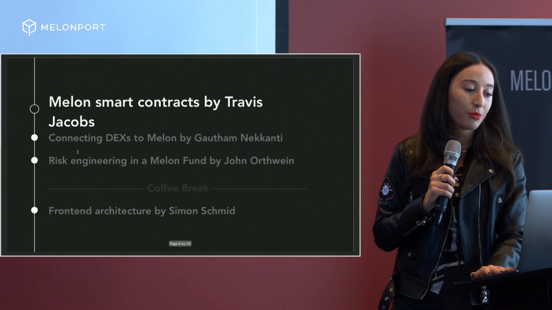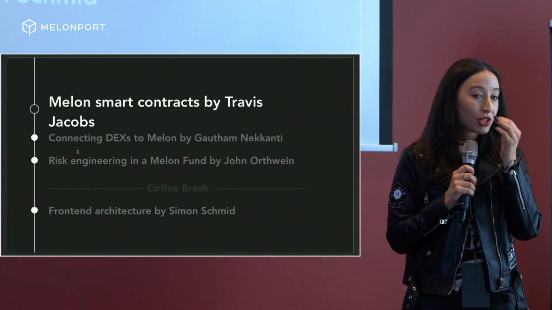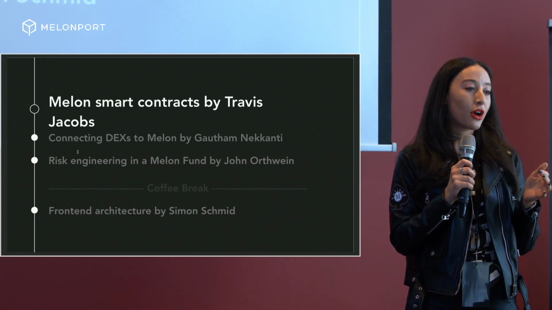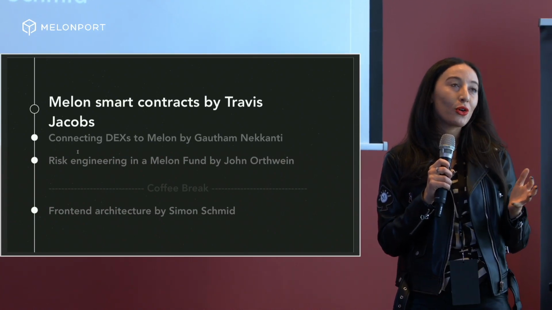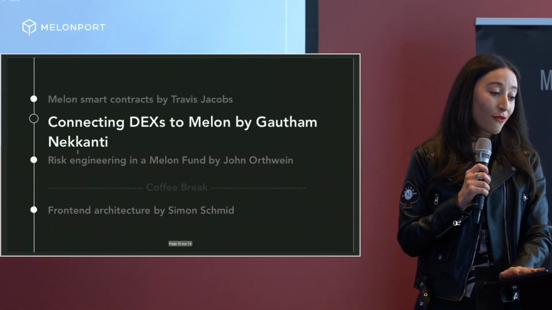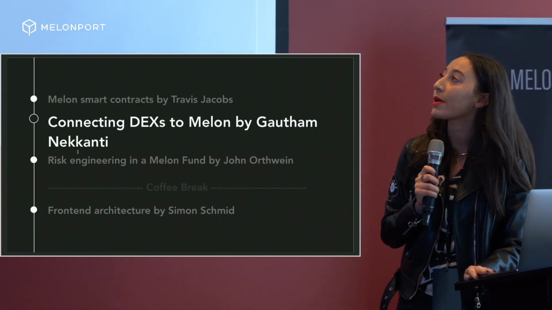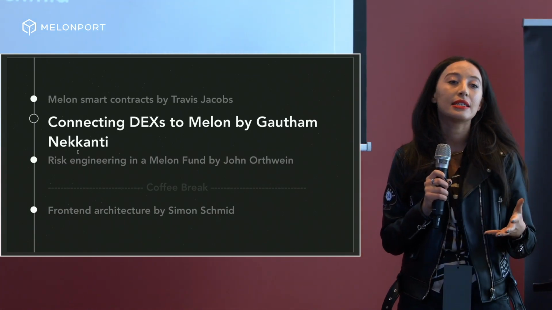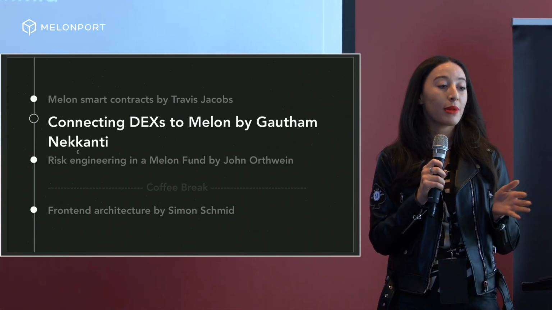As a first presentation, we'll have next Travis Jacobs, who is going to give you a tour of the protocol and a great overview of the smart contracts. Then we'll have Gotham, who is going to be speaking about how we connected decentralized exchanges with the Melon protocol.